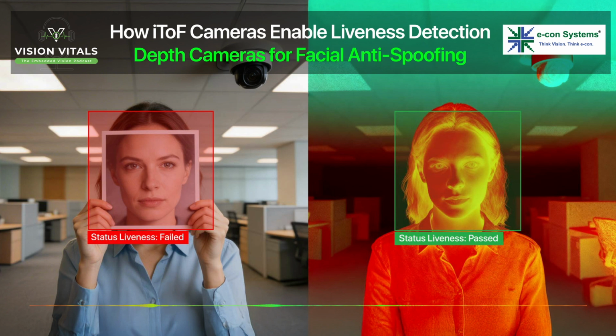And from an OEM's perspective, someone building these systems, what does working with e-con Systems actually look like? e-con Systems' experience in depth sensing and multi-camera design means biometric OEMs can integrate depth-assisted liveness detection into production-ready systems with reduced development effort.